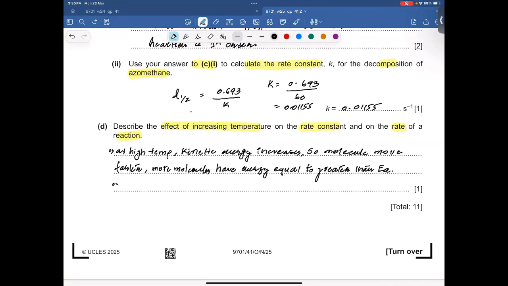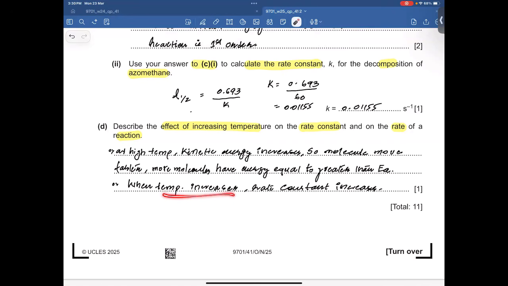Second point, when temperature increases, rate constant increases. We say that when temperature increases, rate constant increases, but why?